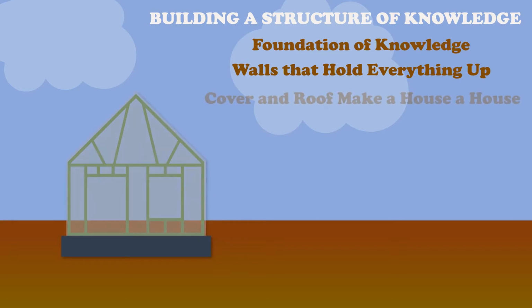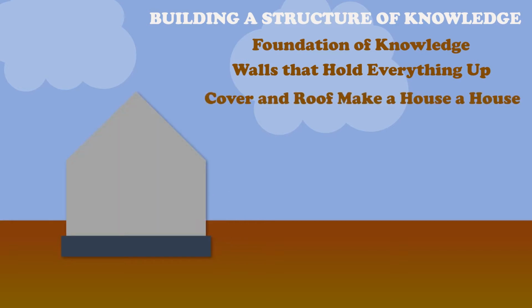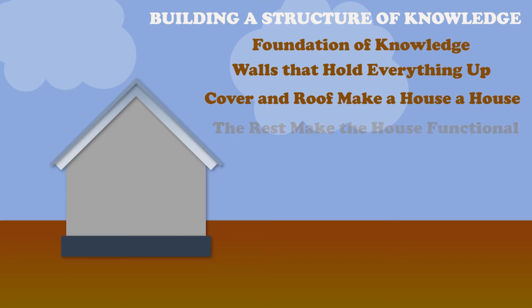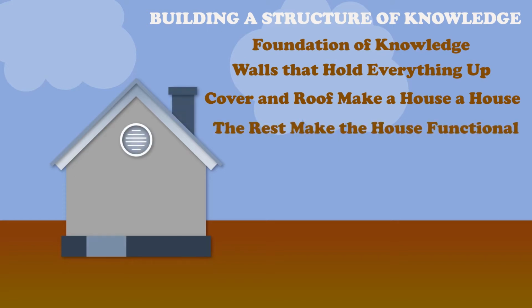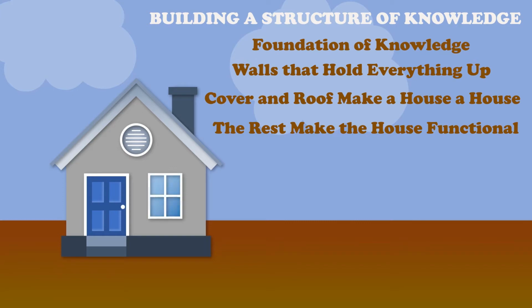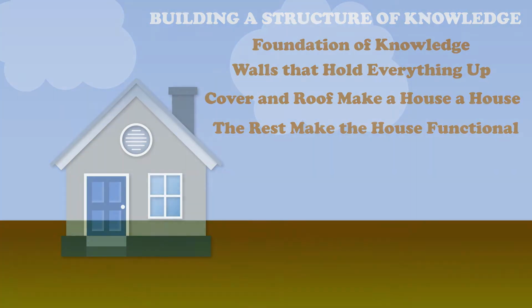We then cover the structure and place upon the walls a well-constructed roof. These three elements, the foundation, load-bearing walls and columns, and the outside cover and roof, form the most critical parts of the structure. Once these things are in place, we can fill in all the gaps with the housey parts, the elements and little details that make the house functional.